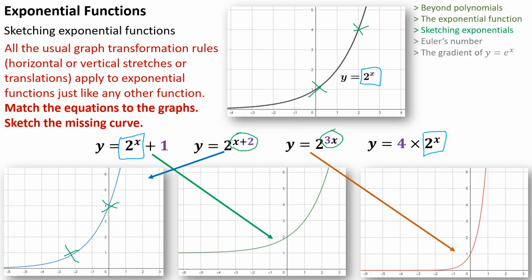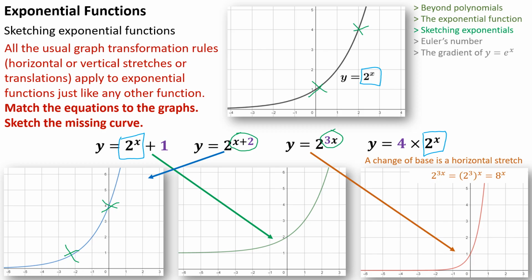One thing that's interesting about this, though, is the relationship this curve has to a change of base. 2 to the 3x is the same as 2 to the 3 to the x, which means the curve you're looking at is also y equals 8 to the x. And in general, if you change the base of an exponential function, you can think of that as a horizontal stretch from an original exponential function.